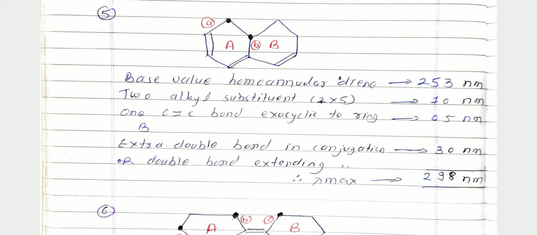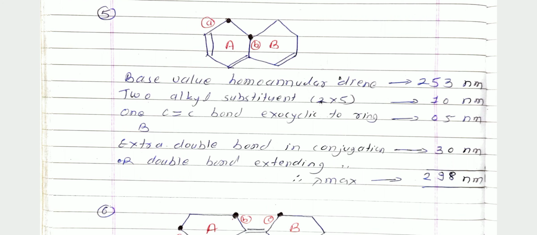Therefore adding these four values, the lambda max value is 298 nanometer. This is the example of both dienes present in the same structure, that is homoannular diene and heteroannular diene. You only remember that the base value is 253 nanometer, not 240 nanometer.